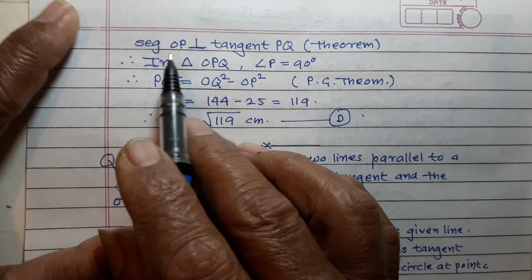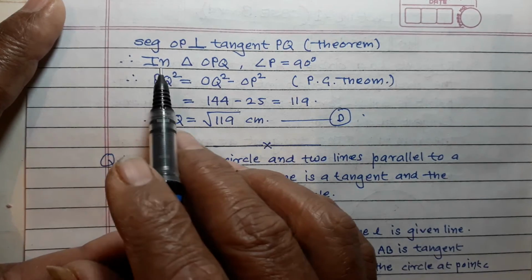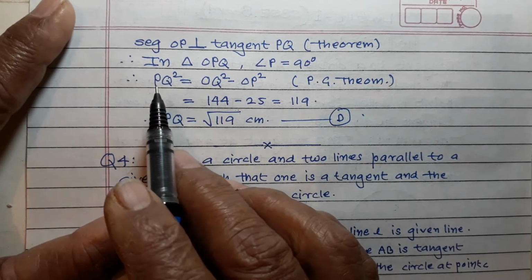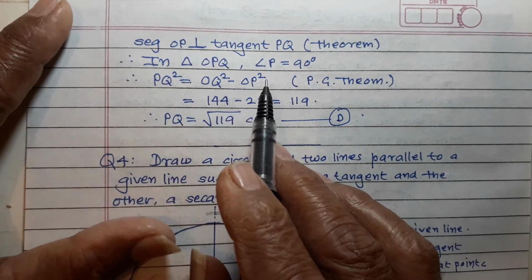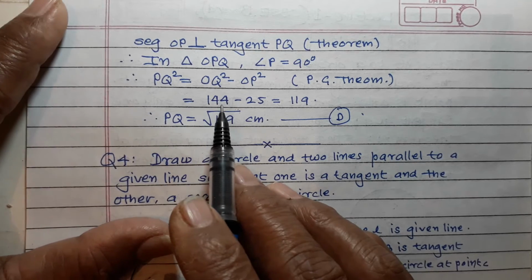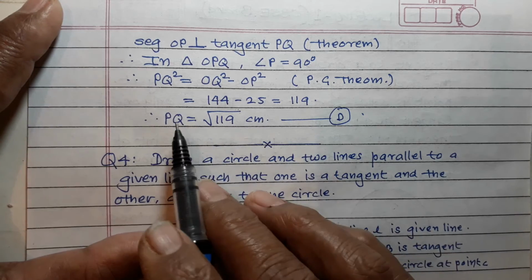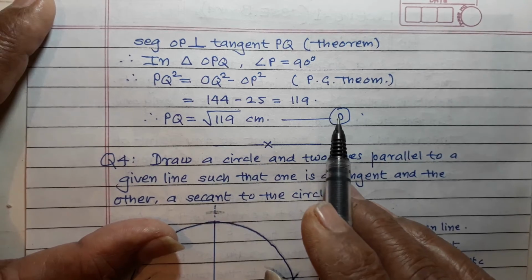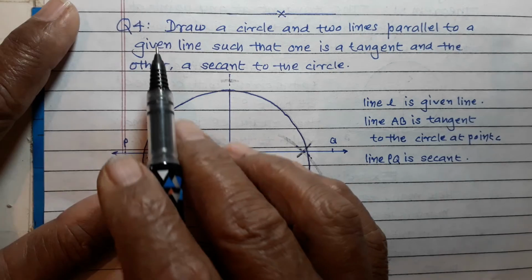Since OP is perpendicular to tangent PQ by the theorem, in triangle OPQ angle P is equal to 90 degrees, and therefore PQ square is equal to 144 minus 25, which gives 119, and therefore PQ is equal to root 119 centimeter. So option D.